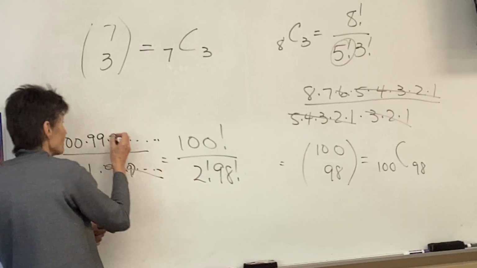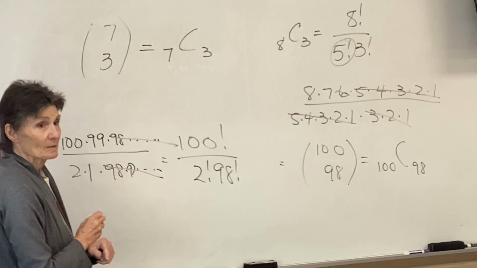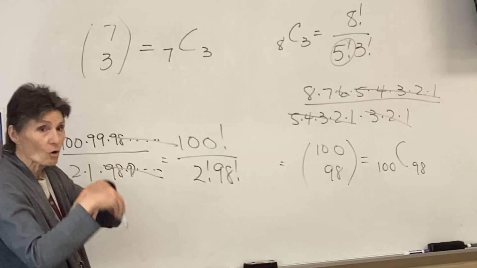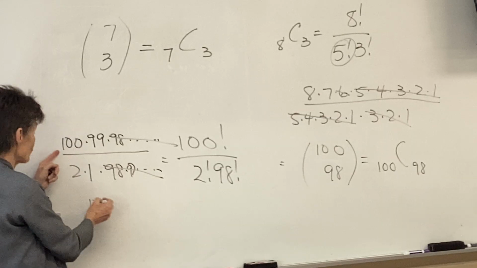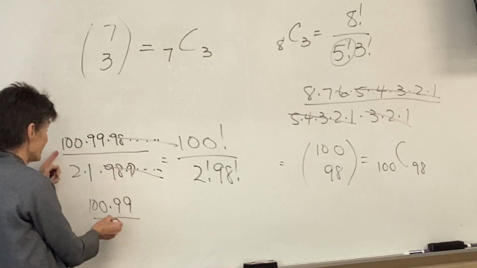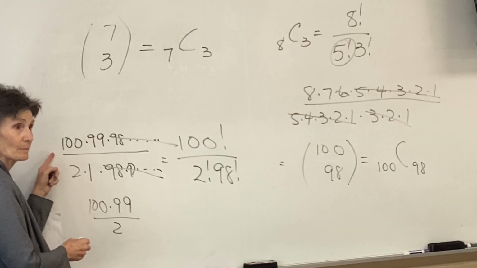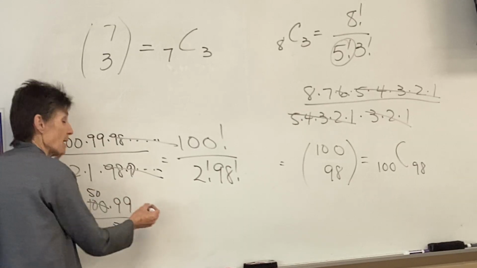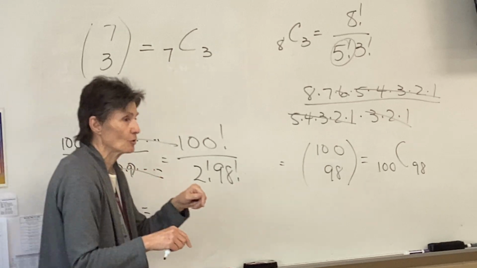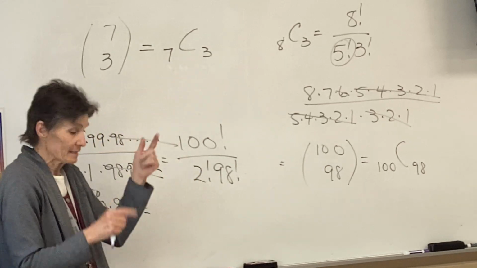Isn't all of that going to cancel? So you don't need to write it out, because it's all going to cancel. All you have left is 100 times 99 divided by 2, which is 50 times 99. You can type that in on your calculator. But that'll be the answer.